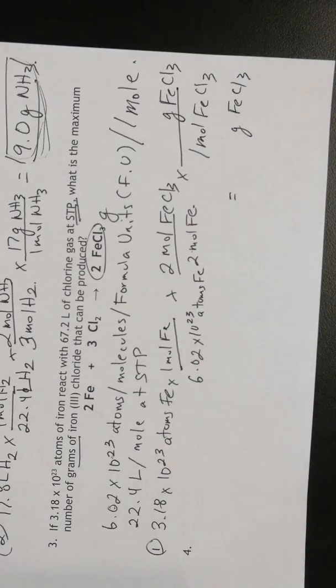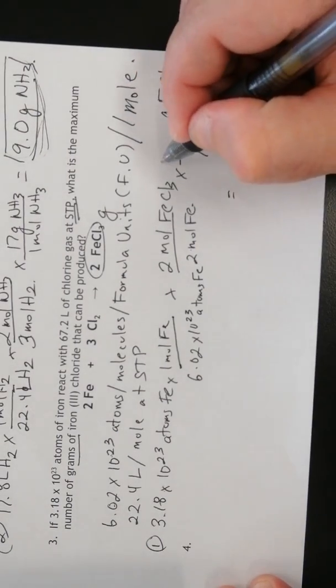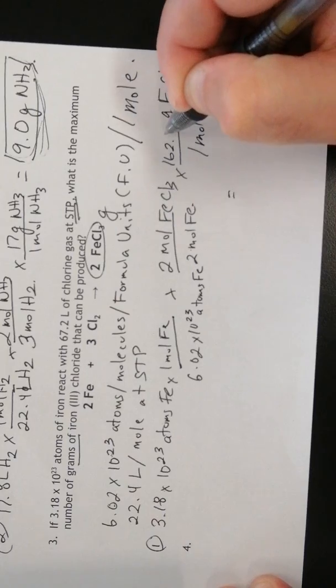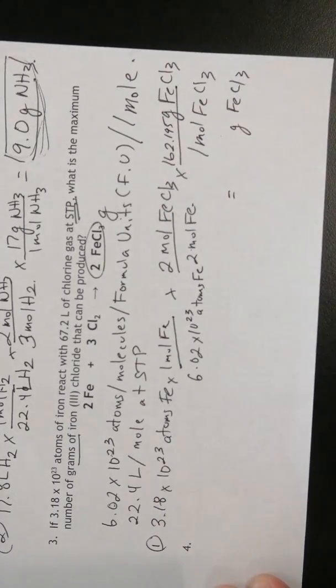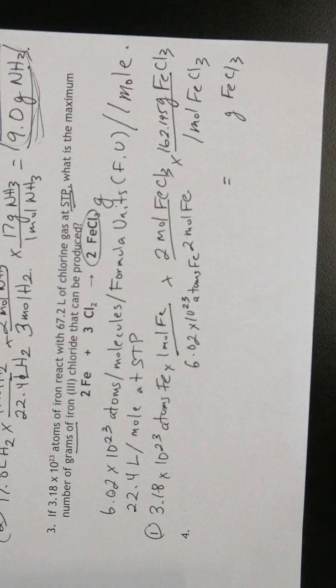Let's see, iron 3 chloride, 162. Then it's always a big thing. Can I use my calculator properly?